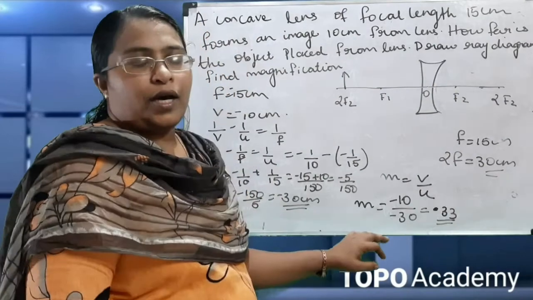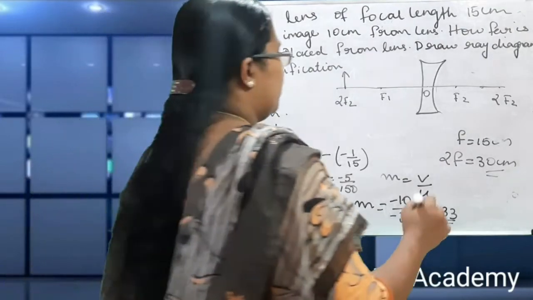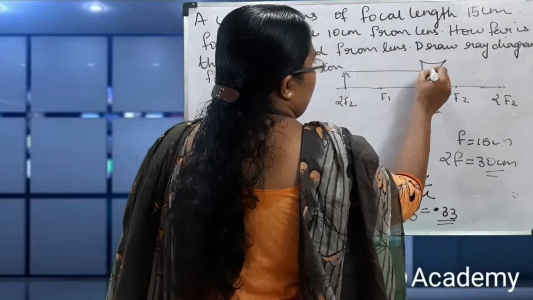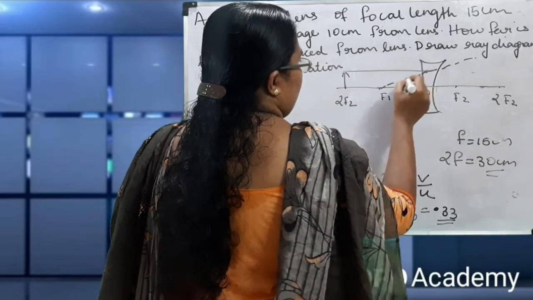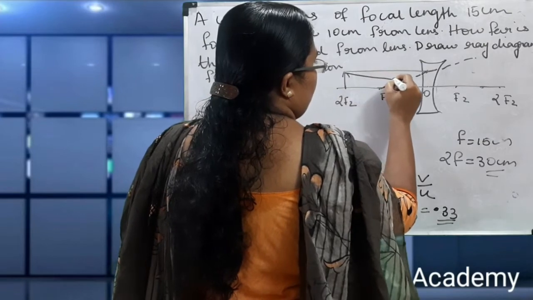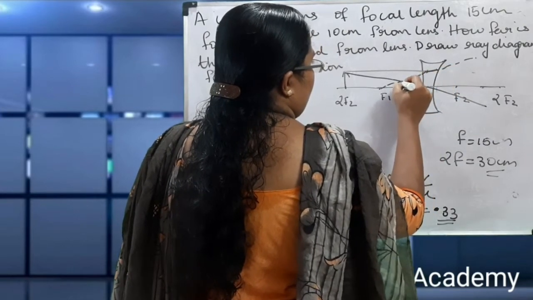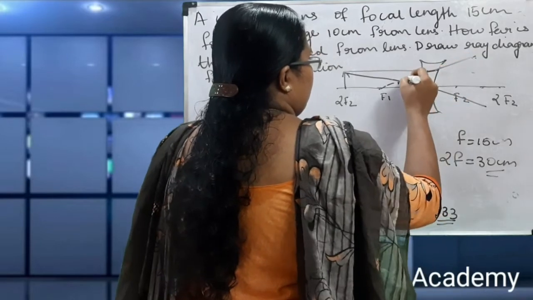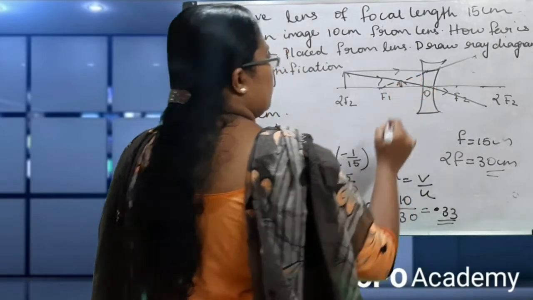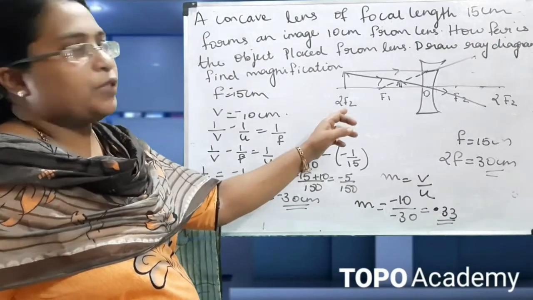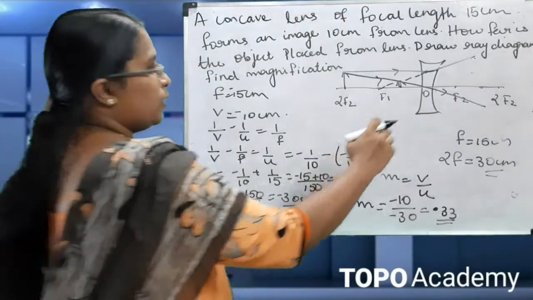When we place the object between infinity and optic center, we get an image between f1 and optic center. So here the focal length is given.